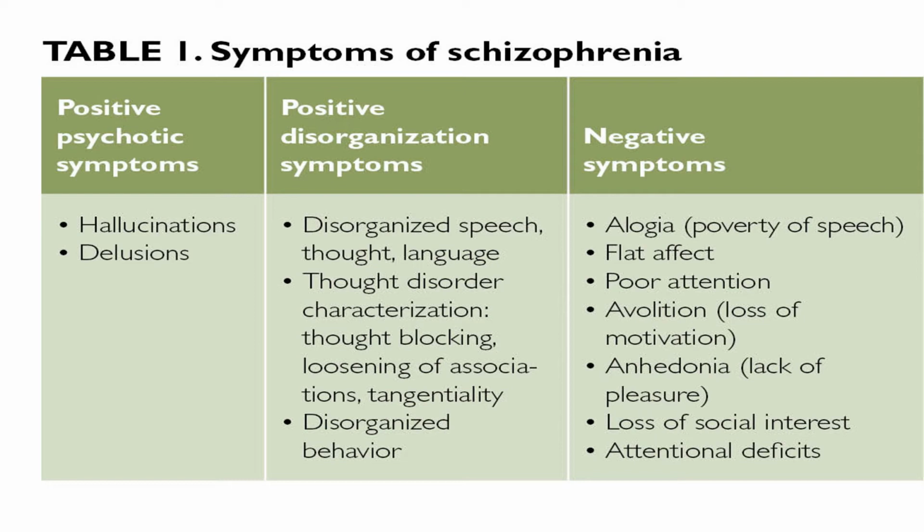Avolition is lack of interest in anything. So these are all negative, right? They're less than normal. They're not in addition to normal. Anhedonia is the inability to have pleasure in anything. Loss of social interest in friends. Okay, we already discussed that. So again, positive, negative symptoms of schizophrenia.